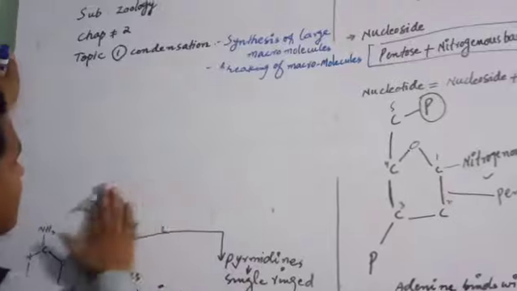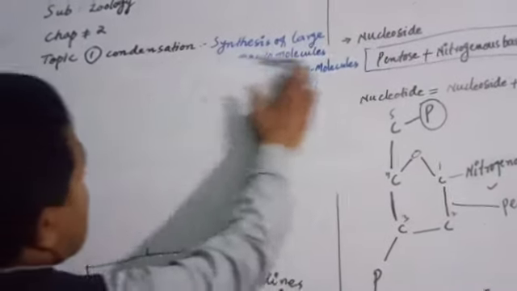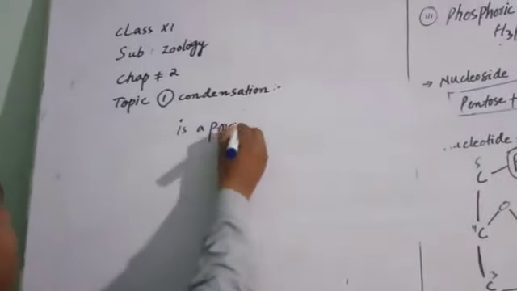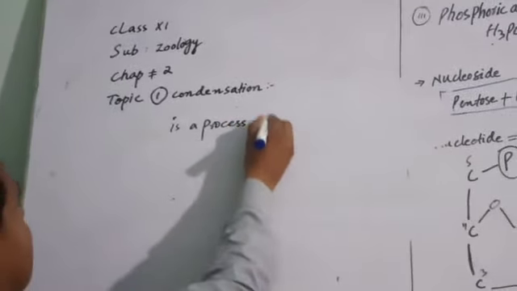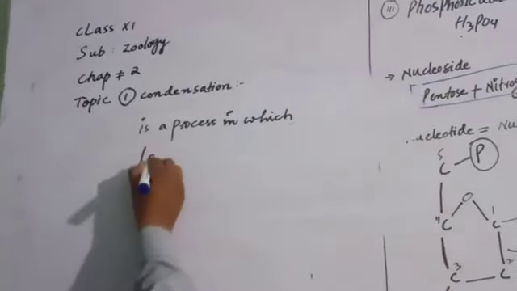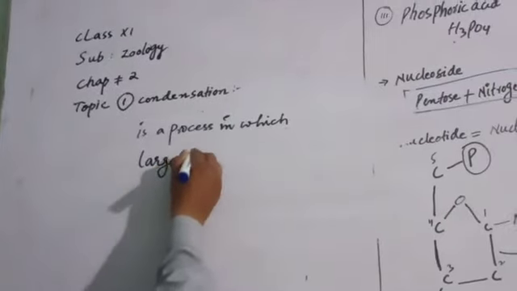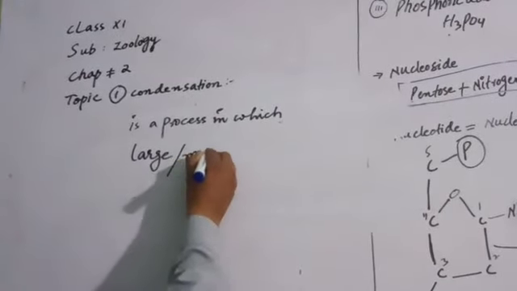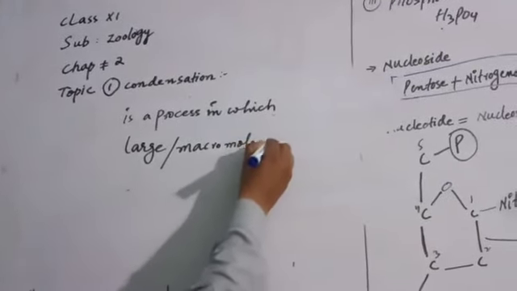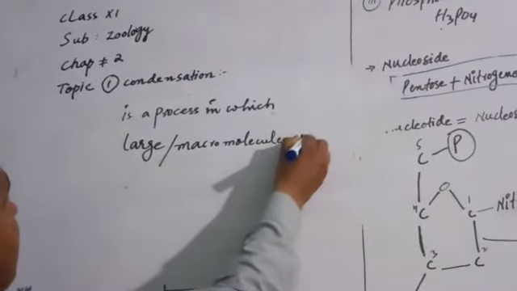Now condensation. What is the definition of condensation? Condensation is a process in which large macromolecules are formed.